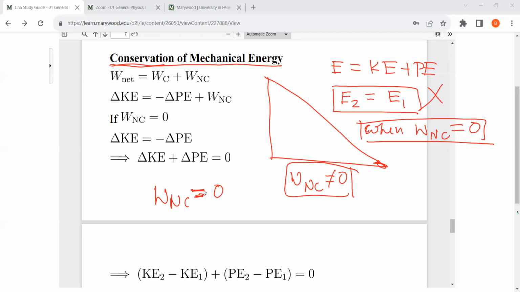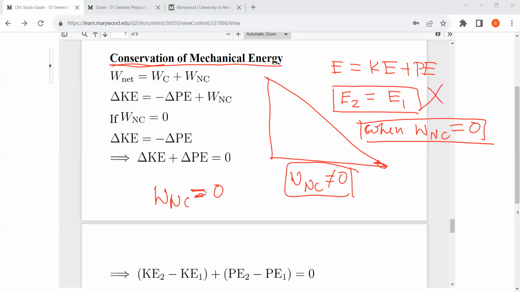In this chapter, by non-conservative force, we will mean the friction or the air resistance, although push pull all are the non-conservative force. But in this chapter we are not going to discuss the difficult thing. So the only two forces we are going to consider for non-conservative force are the friction and the air resistance.